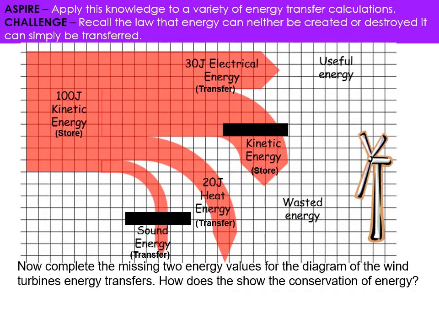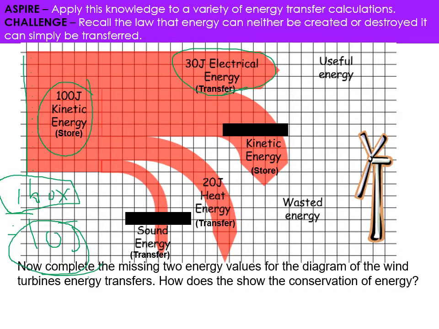Let's have a look at another one. So again, we start with 100 joules of kinetic energy. And again, 1, 2, 3, 4, 5, 6, 7, 8, 9, 10. We've got 10 squares, and one square is equal to 10 joules. Okay, so useful, we've got 30.